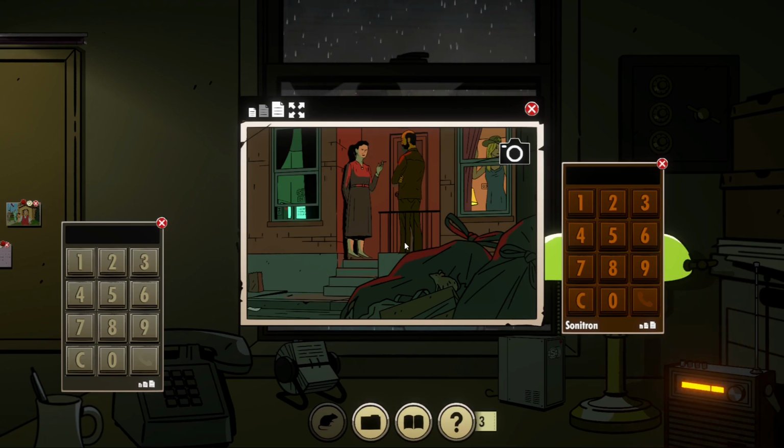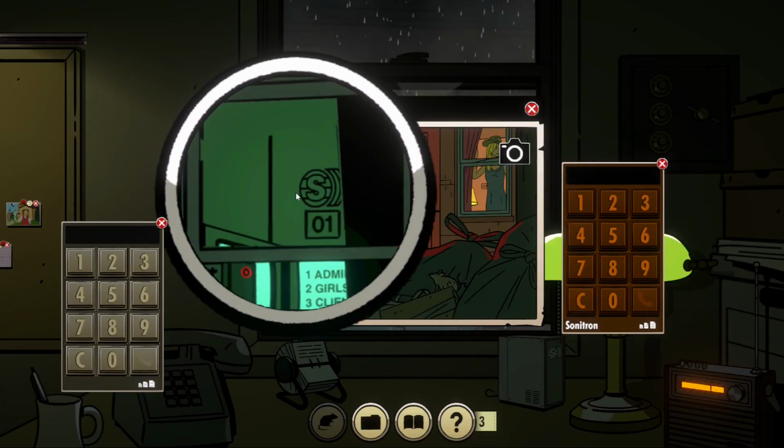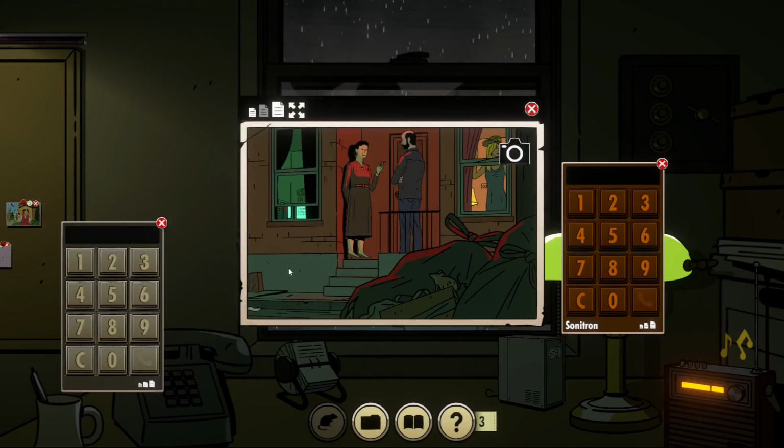Room number 3? No, why would that be a room number? Wait. Not 01, sorry. 2131? Oh, oh, oh!